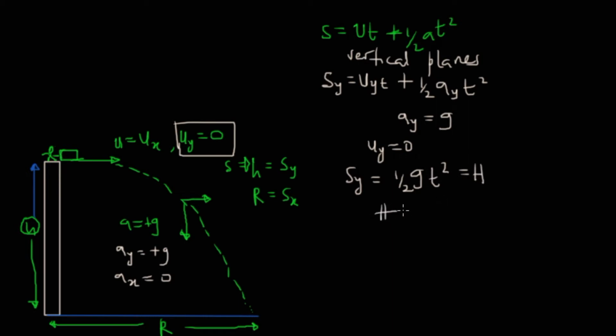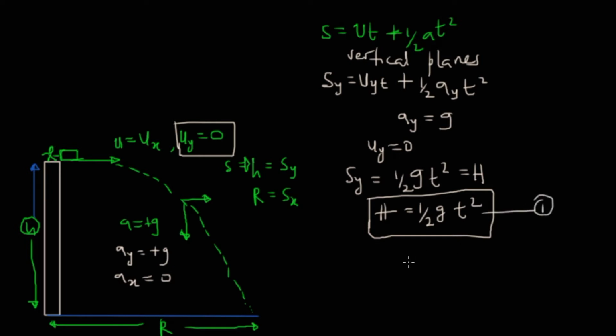As a result, h, which is the distance of the object on the vertical plane or the height of the building, is half gt squared. So this is the formula to find the height of the building or the vertical movement of the object. Notice that we can find the time if we multiply through this equation by 2, then we'll have 2h equal to gt squared.